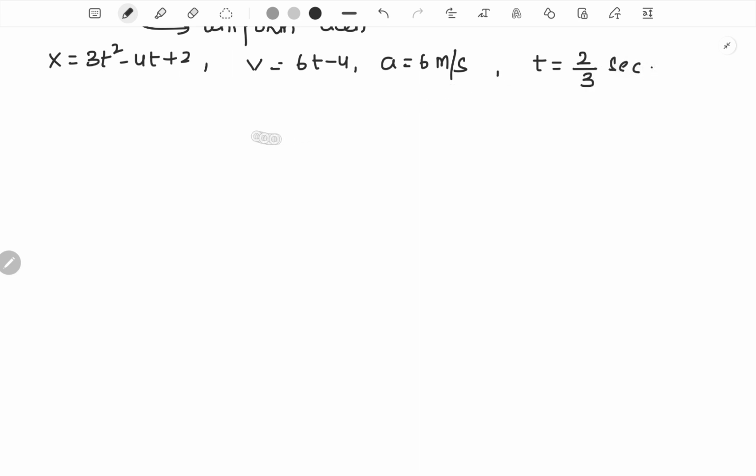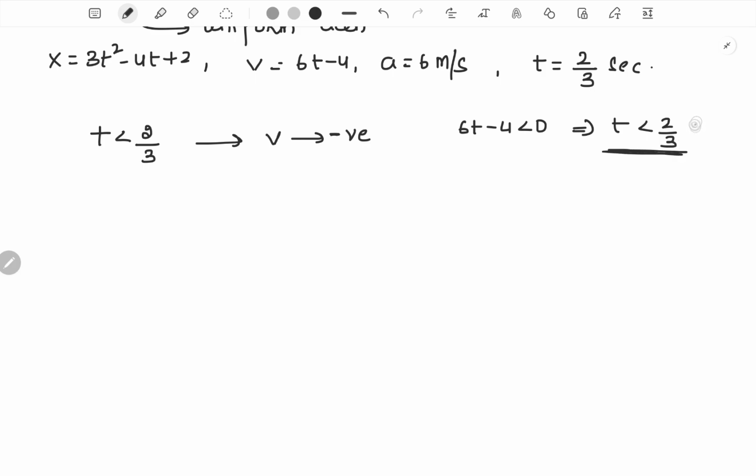So when t is less than 2 by 3, velocity is negative. If we use the condition 6t minus 4 less than 0, we get t less than 2 by 3. That means when t is less than 2 by 3 seconds, velocity is negative. So initially v is less than 0 for the time less than 2 by 3 seconds.